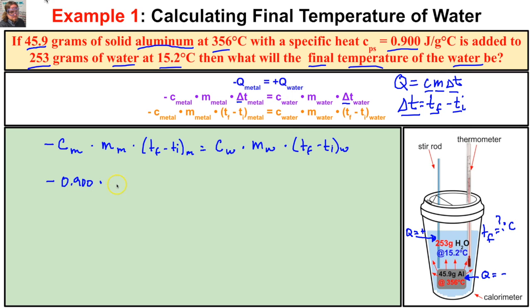Times the mass of our metal. The mass of our metal is going to be 45.9 grams times the final temperature minus the initial temperature of the metal, which is 356 degrees Celsius. We're going to set this equal to the specific heat capacity of water, which is 4.18, times the mass of the water, which is 253, times T final minus T initial.